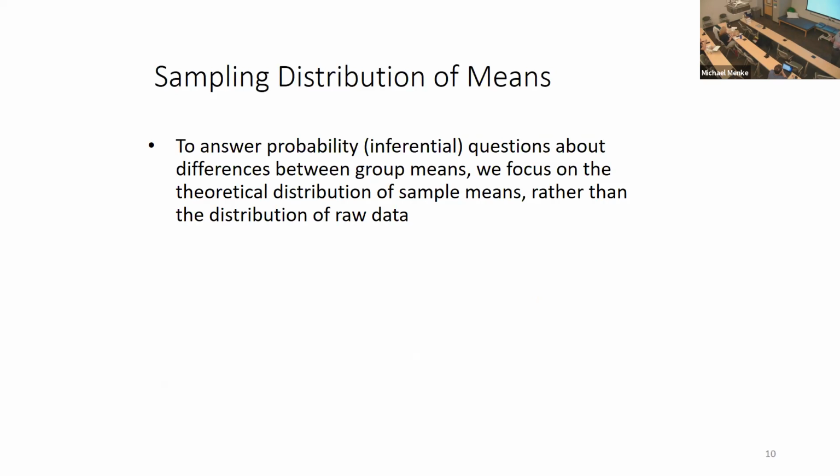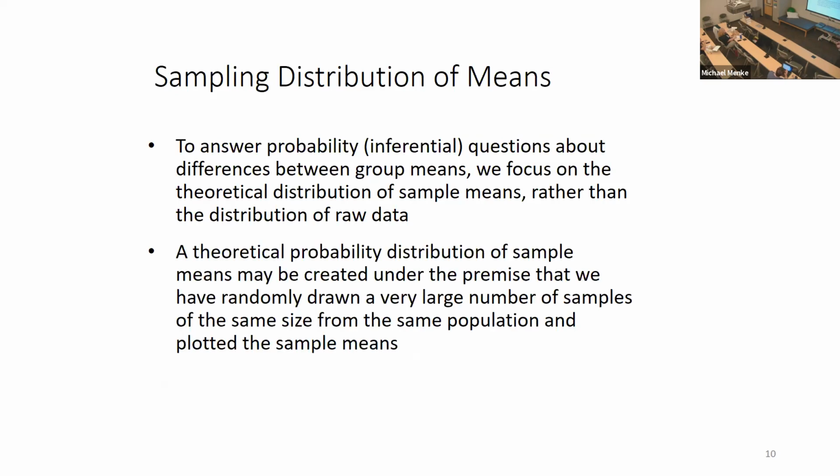We abandon the raw data at this point except for two summary statistics, the sample means and the standard deviations. Does everyone know what a standard deviation is? It's kind of approximately the average absolute distance between the mean and each of the data points. It's the average distance.